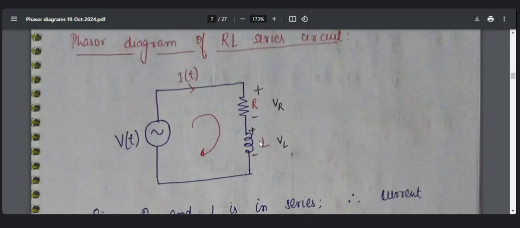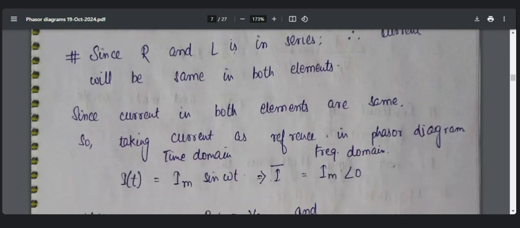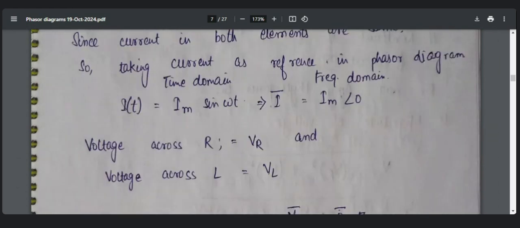Therefore the current through R and L will be the same. Since the current is the same, for easy reference we could take current as the reference to draw the phasor.